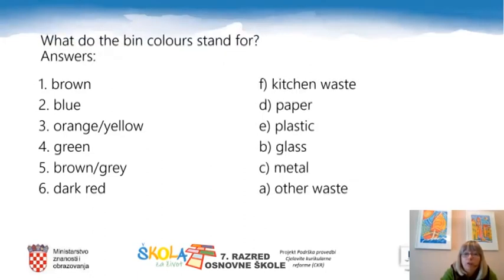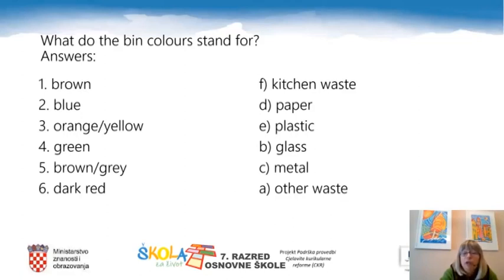Here are your answers. I hope that your answers are all correct. So, brown bin is for kitchen waste, blue bin for paper, orange or yellow bin for plastic, green bin for glass, brown or grey bin for metal, and dark red for other waste.